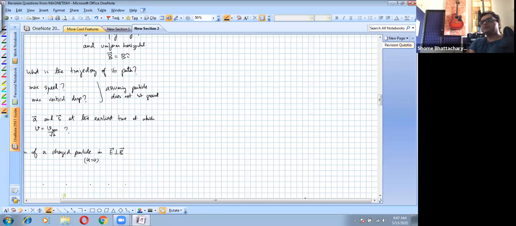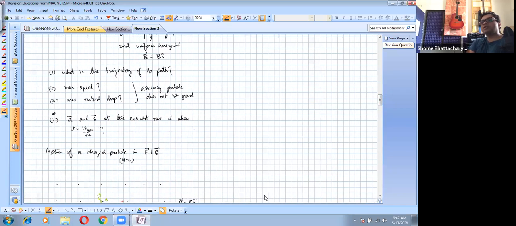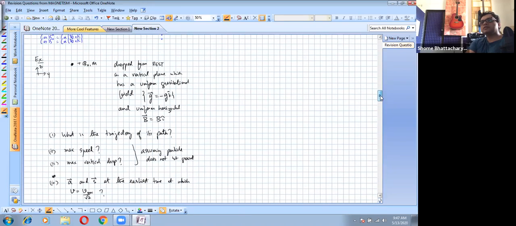But now you'll understand that if you have this background information and this shortcut method in mind, then you can actually solve this quite easily. So just try this out, people.